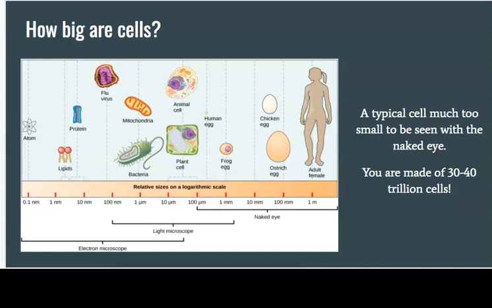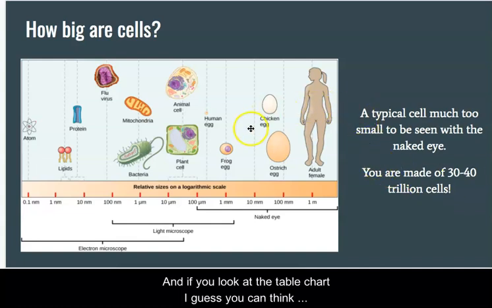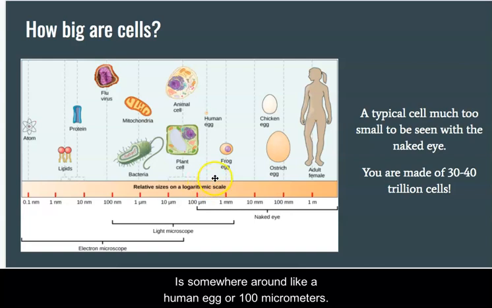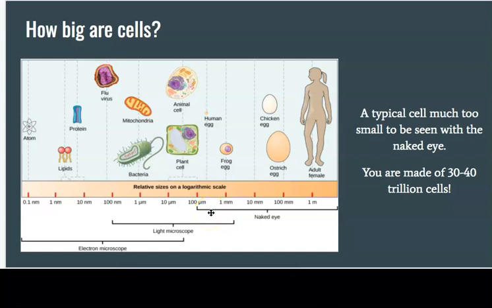That's a lot. And if you look at the table or chart, you can think about different size things. The smallest thing that the naked eye can see is somewhere around a human egg, or 100 micrometers.